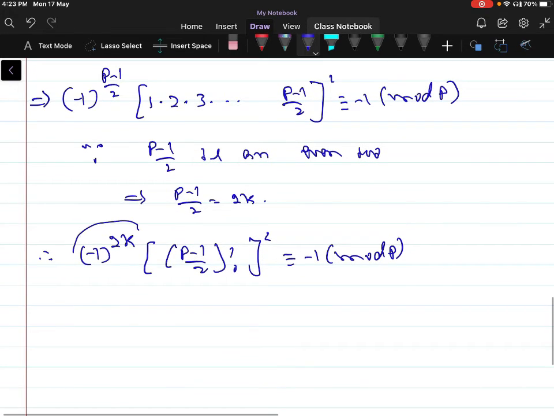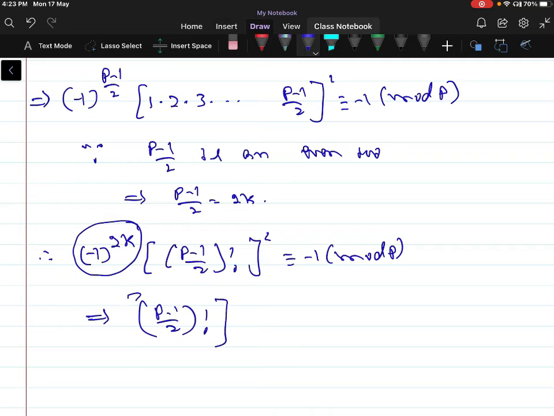So this becomes positive, minus 1 to the power of 2k is positive, so this can be written as ((p-1)/2 factorial) whole square is congruent to minus 1 modulo p.